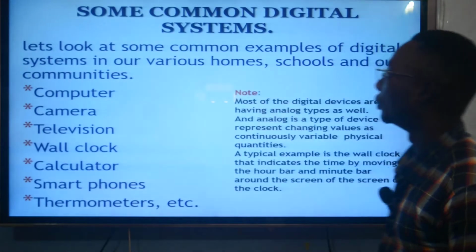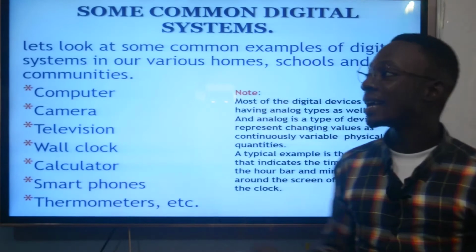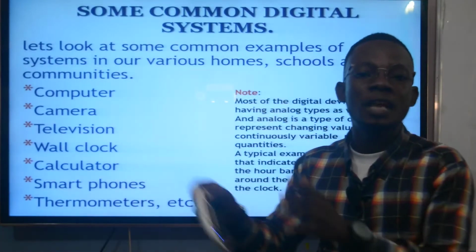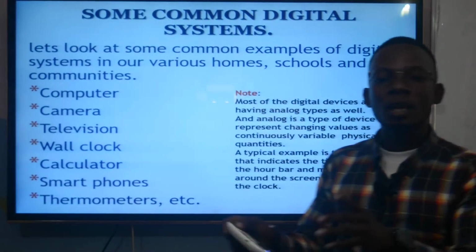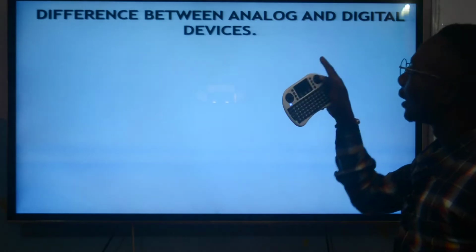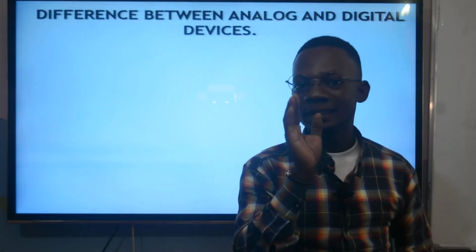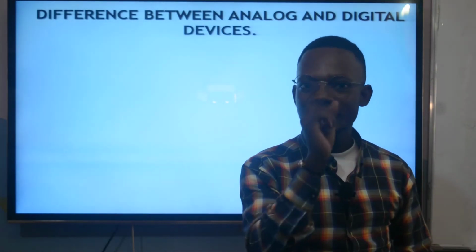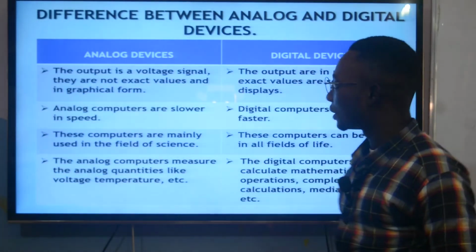Now remember, digital systems also have their analog types, and analog, I've already explained to you. Looking at the difference between analog and digital devices, let's check the analog devices.